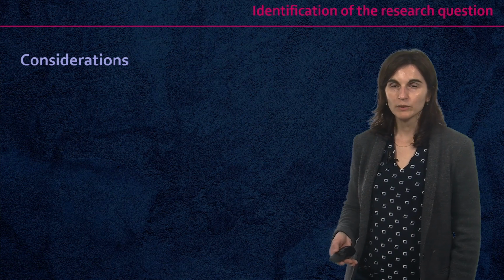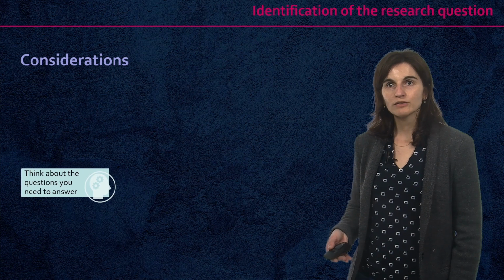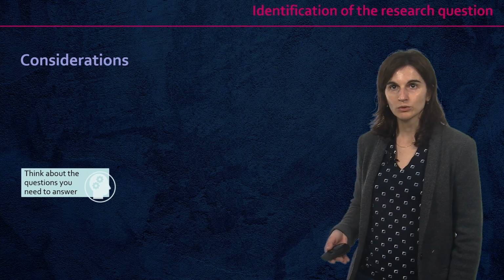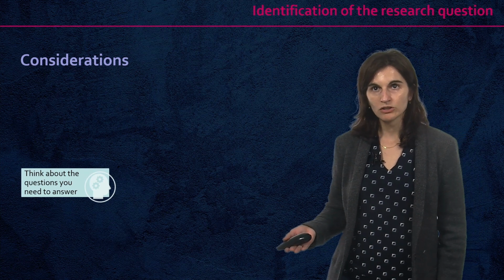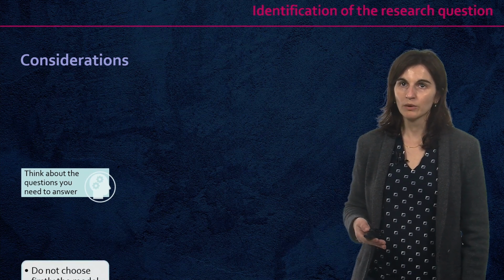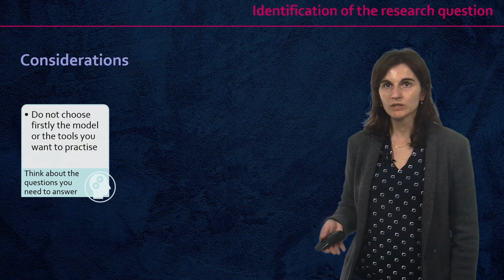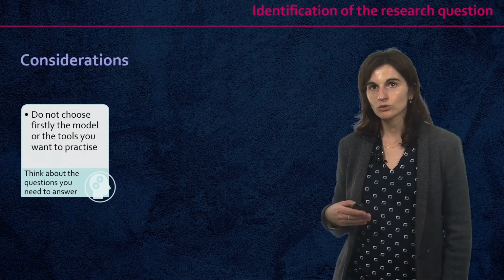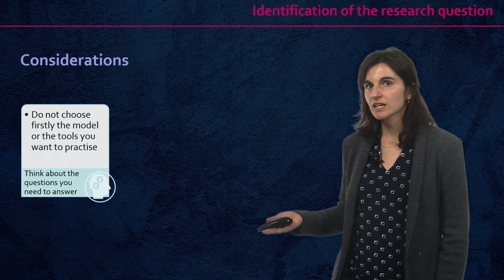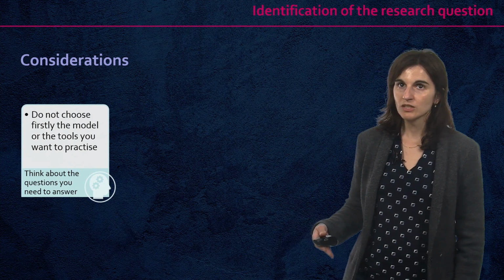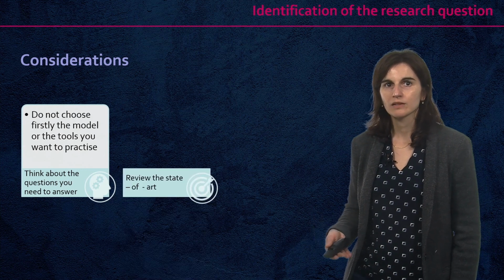Some considerations when writing a research question and hypothesis. We have to think about the questions we need to answer, not only the questions that we are able to answer, but also which questions are more interesting for our research. And we should avoid selecting beforehand which type of model or which tools we want to use. We have to select the tools and models according to the research questions that we have previously selected.